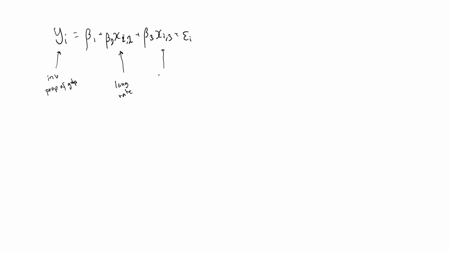And we want to also use a short interest rate, maybe the monthly interest rate. And the reason for doing this regression would then be to see if it's the long rate that affects investment, or it's the short rate, or perhaps it's both. And then to figure out which one has the strongest effect on investment.